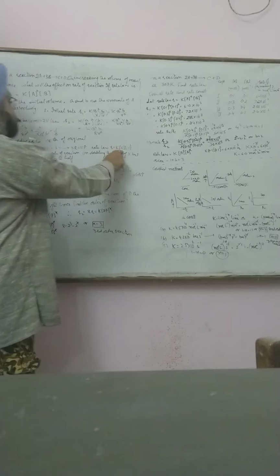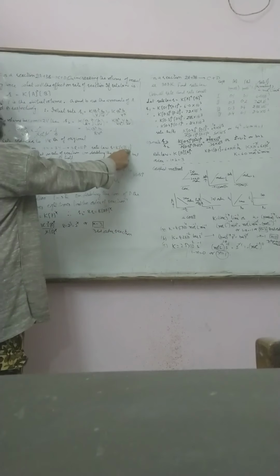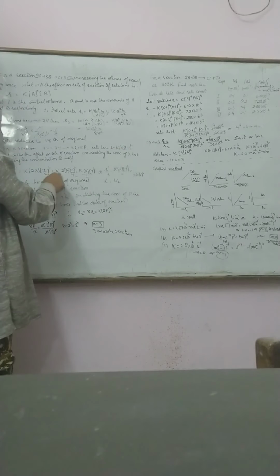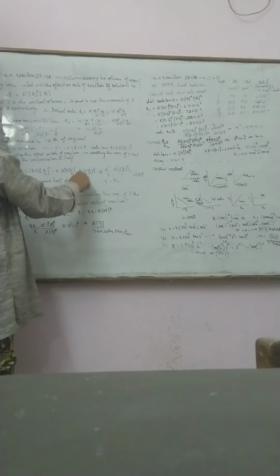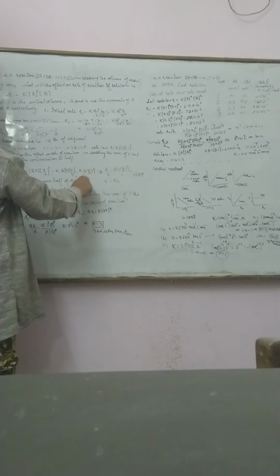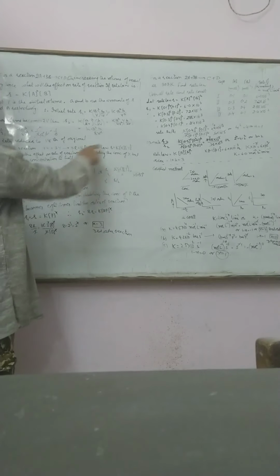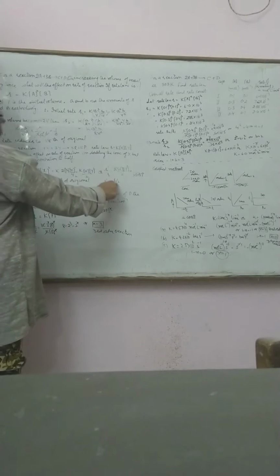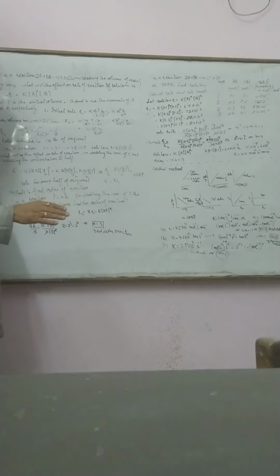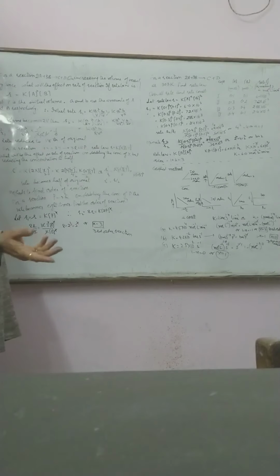Now when the concentration is twice, it becomes 2x. In this case, half of y, y by 2. Then 2x into y square by 4. Net k into x y square by 2. On dividing r dash by r, we get r by 2. Means the rate reduces to half of the original.